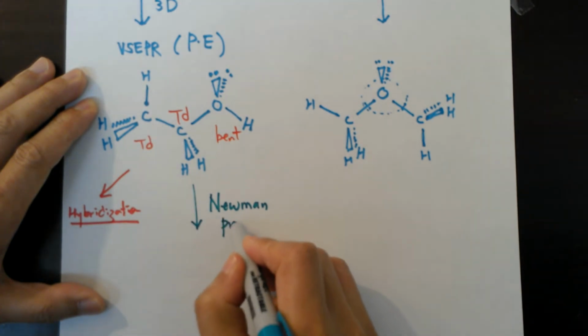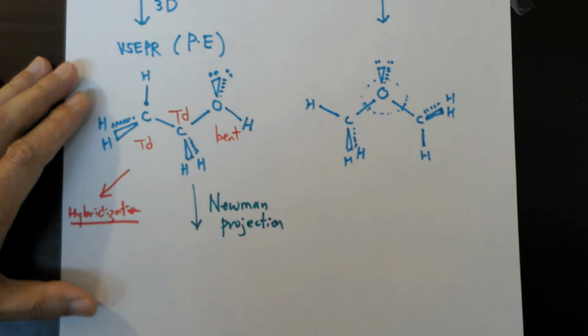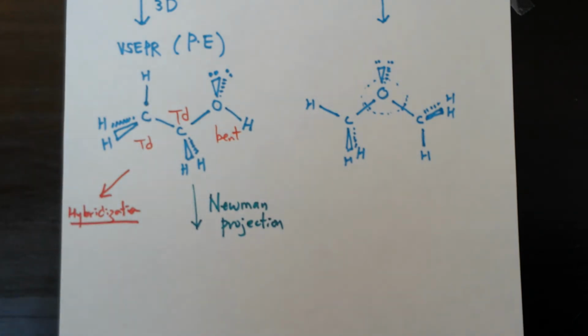It's a projection, it's not a real drawing. It has a little exaggeration and distortion of the information, but it helps us to see a certain aspect of the structure and allows us to evaluate the stability of the given structure better. But you're not breaking any bond.